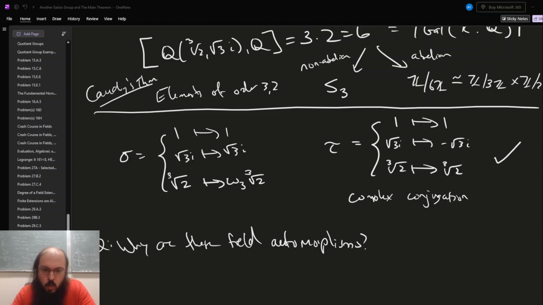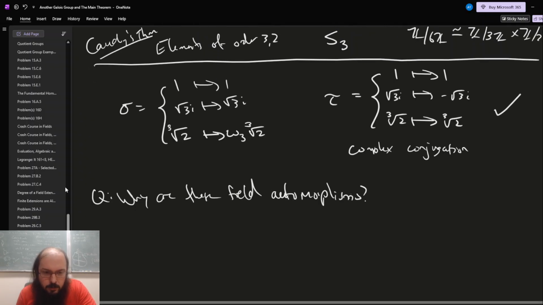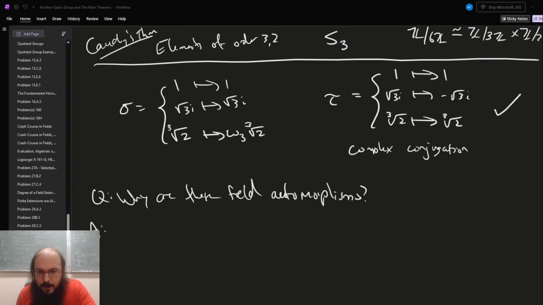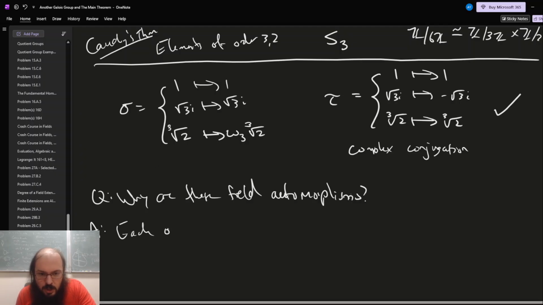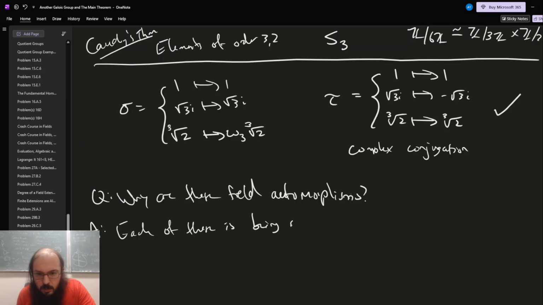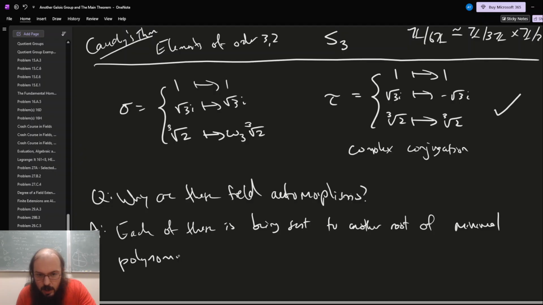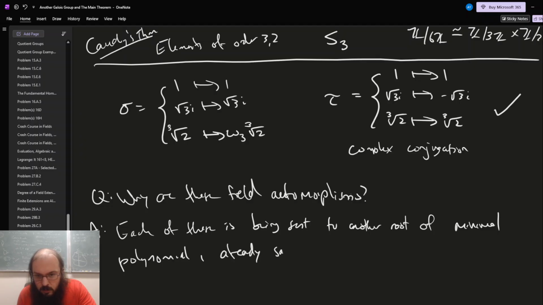The reason that this works is because we know something about field automorphisms. In particular, each of these is being sent to another root of the minimal polynomial, and we already saw such things give field automorphisms.